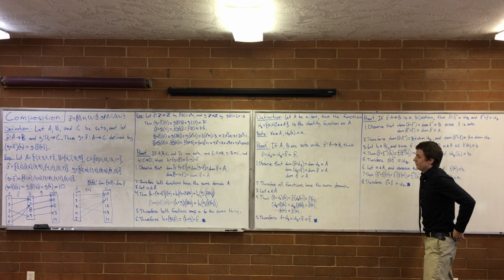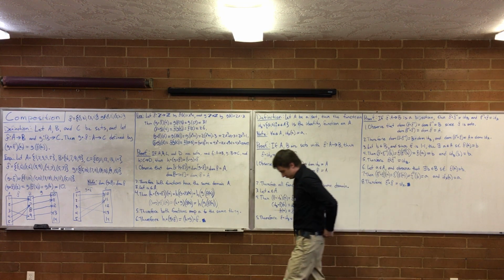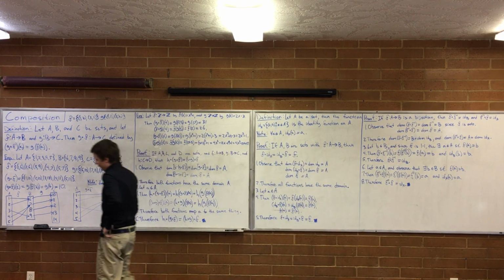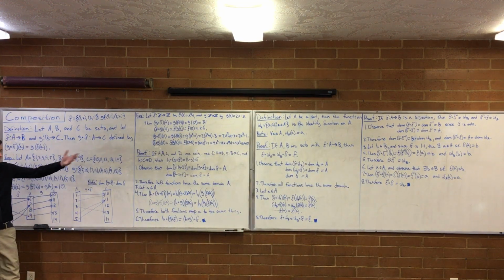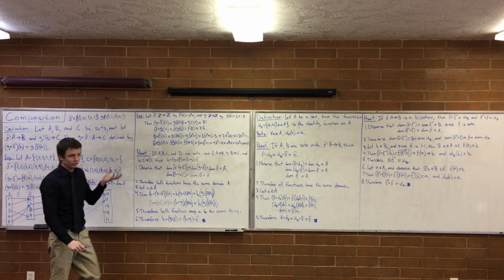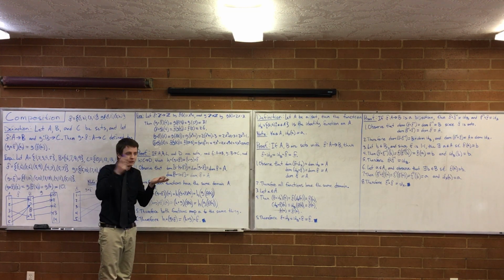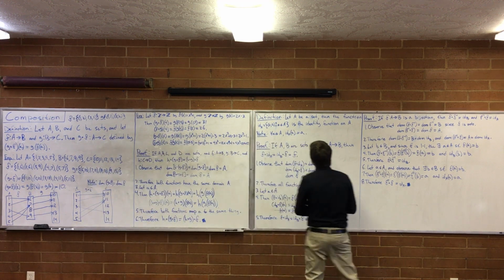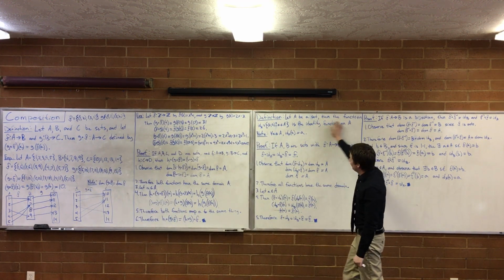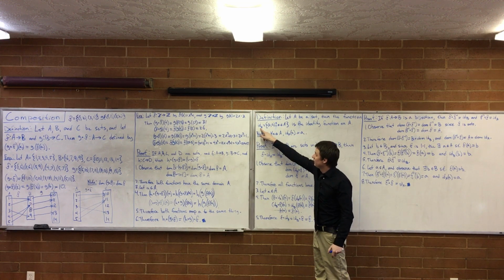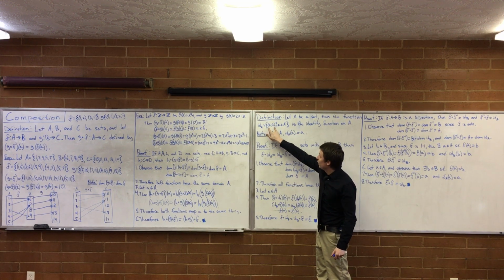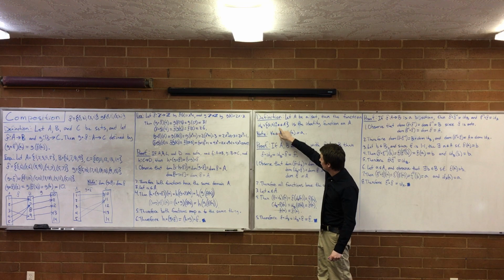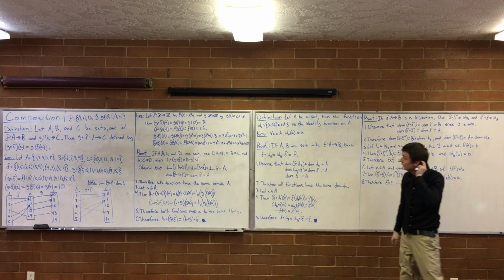Now we're going to make a special type of function called an identity function. So if you give me a set A, the identity function is a function that just maps each element to itself. Make sense? So let A be a set, then the identity on A is the set of all ordered pairs (a, a), where a is an element of that set.